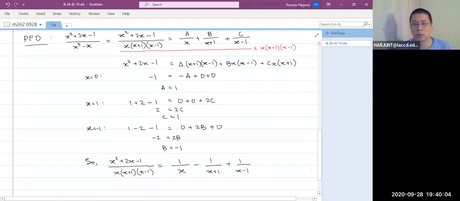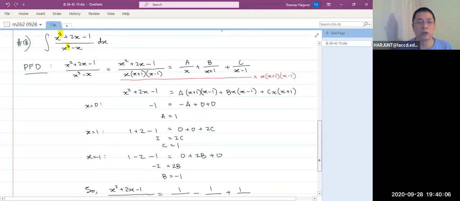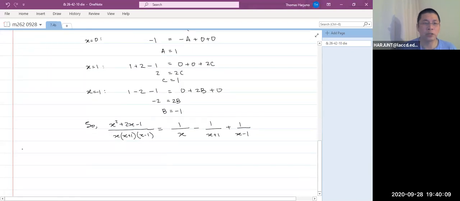Now, once we're done with the partial fraction decomposition, then we go back to the integral.